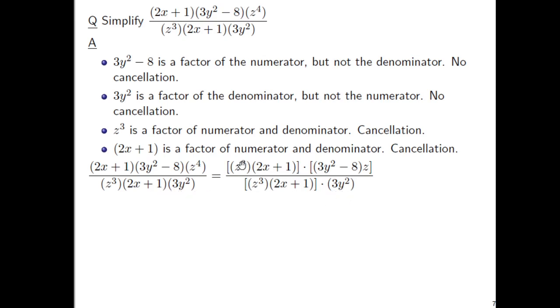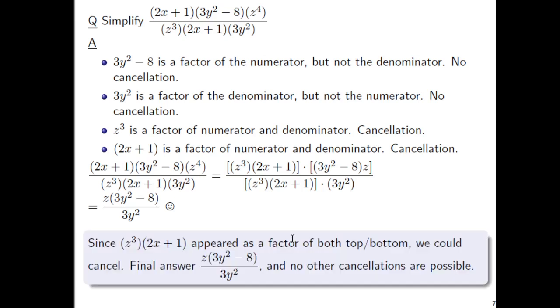So the z³s on top and bottom cancel, the 2x + 1 on top and bottom cancel, and you're going to be left with z times the quantity 3y² − 8, all over 3y², and nothing else is going to cancel. So since z³ times the quantity 2x + 1 appeared as a factor on top and on bottom, we could cancel. And in this final answer here, there's no other cancellations that are possible.